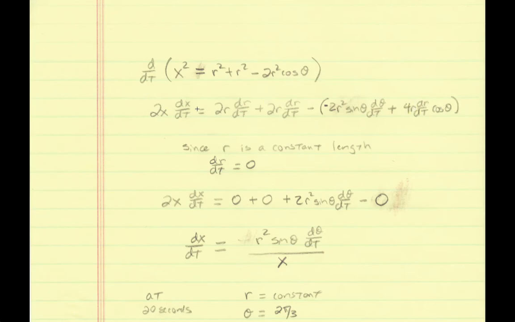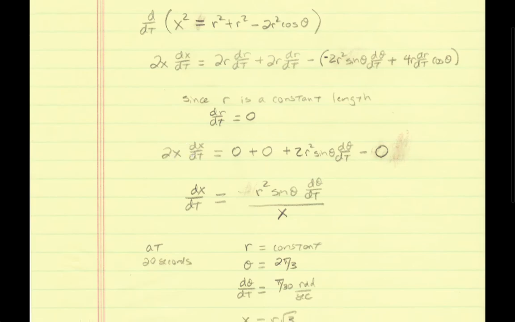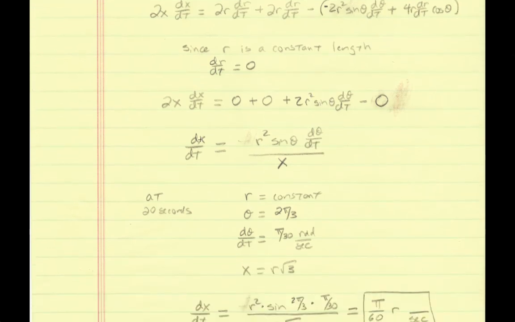Now this looks really complicated, but one thing that's nice is that since our radius is a constant length, the derivative of a constant is 0. So this is 0, and this is 0, and this is 0. All we're left with is this equation: 2x dx/dt is equal to the positive of this. In other words, if I get dx/dt by itself, the rate at which the length is changing, this is the equation I am dealing with.